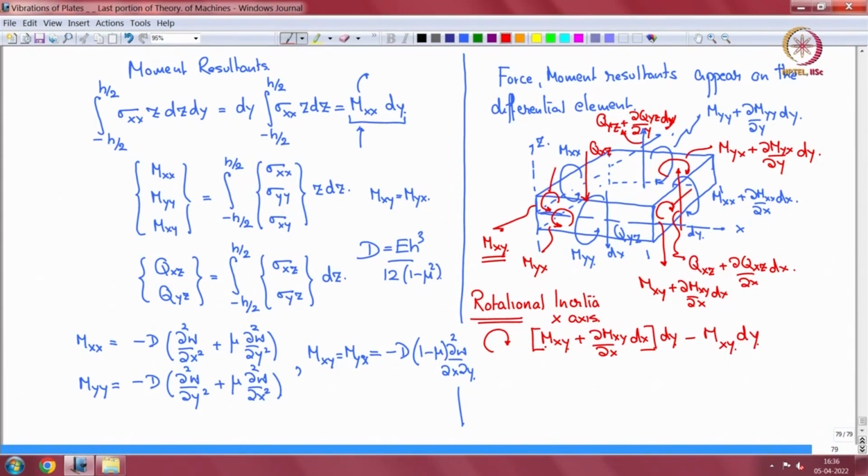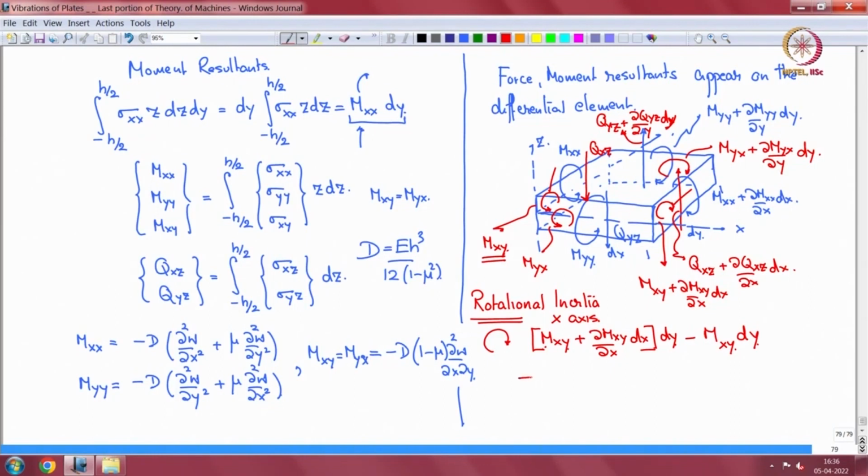Now the only other contribution is from the shear forces. Okay, so that is now in the opposite direction.